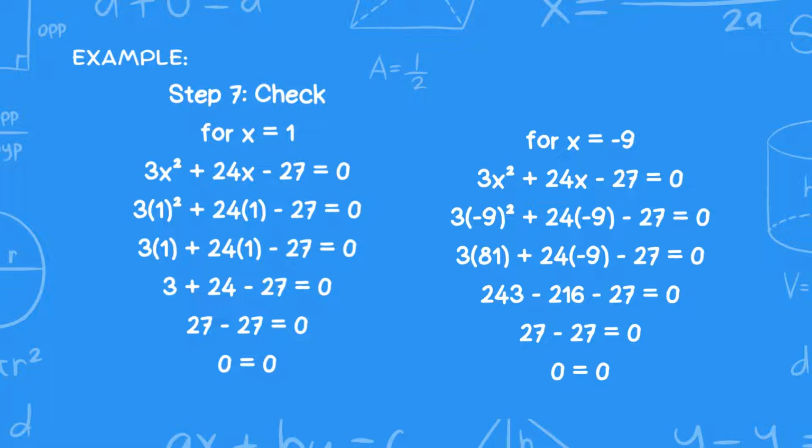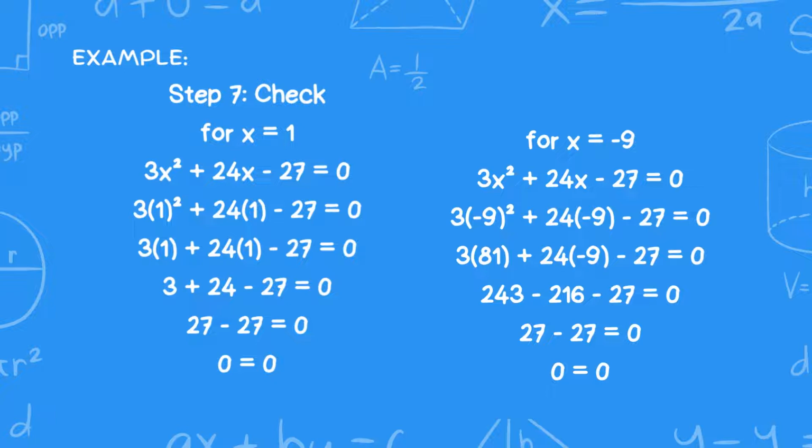The 1 squared is 1, so 3 times 1 plus 24 times 1 minus 27 equals 0. 3 times 1 is 3, 24 times 1 is 24, and negative 27 remains, equals 0. 3 plus 24 is 27, minus 27 equals 0, so 0 equals 0. Therefore, x equals 1 is one of the roots of 3x squared plus 24x minus 27 equals 0.